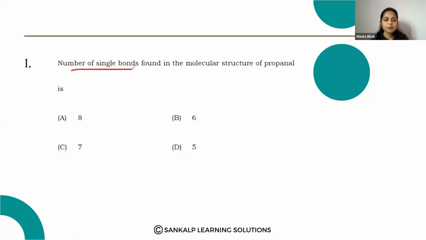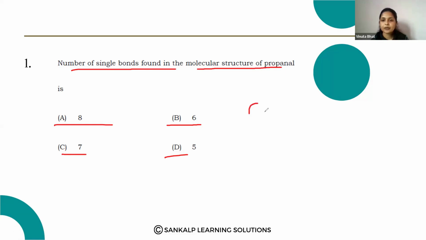Number of single bonds found in the molecular structure of propanol is: option A 8, option B 6, option C 7, option D 5. Here is the molecular structure of propanol.